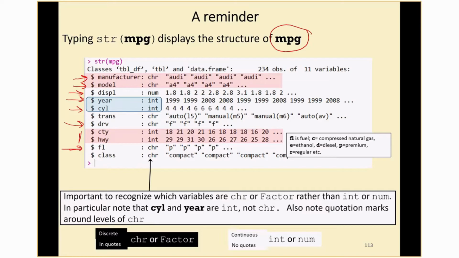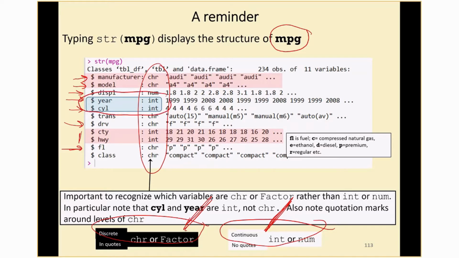And down here we have this that I've referenced several times before, the idea that each one of these variables has a characteristic. It either is part of this group or it's part of that group. And what really matters is not whether we think a particular variable is discrete or continuous, but what R thinks about whether or not a variable is discrete or continuous. A good example of that are these two variables, year and cylinder.